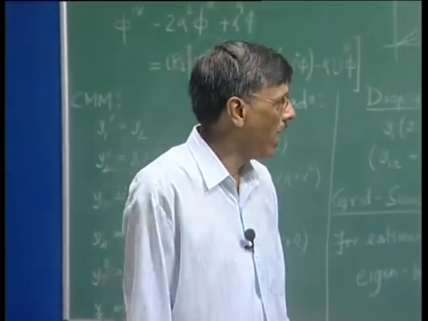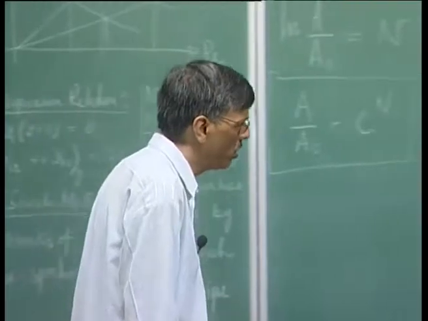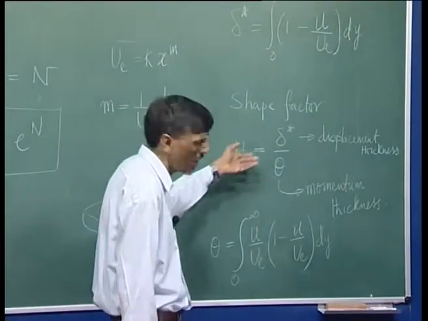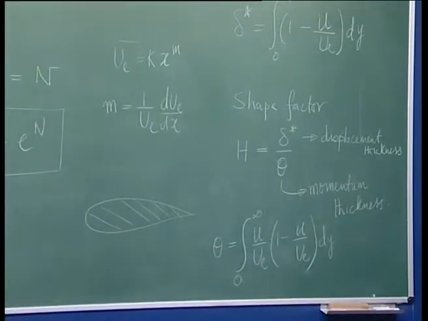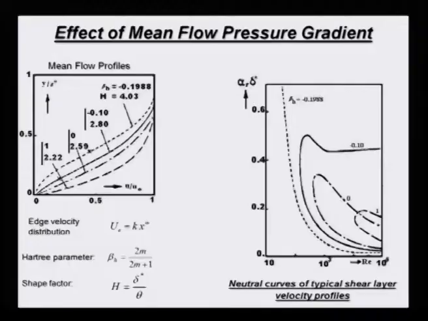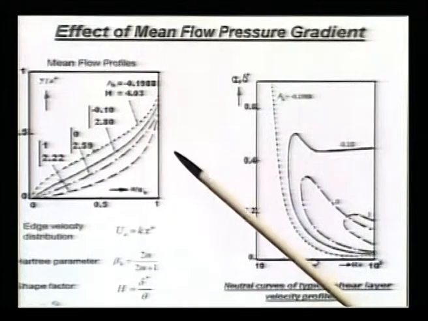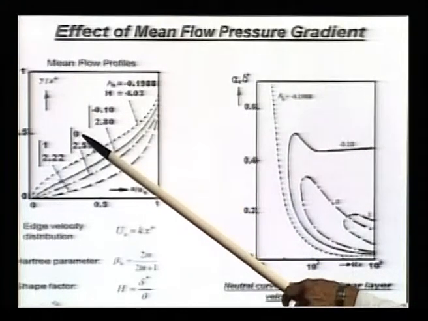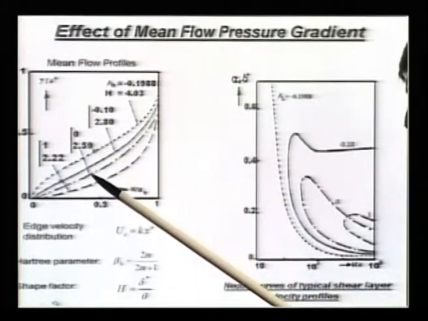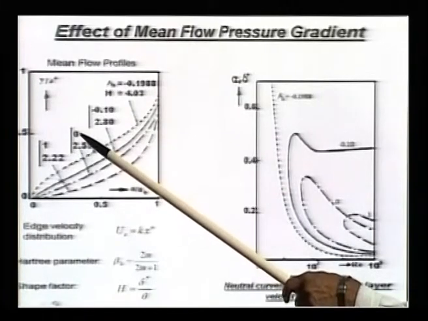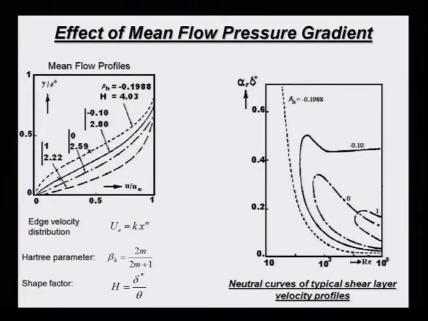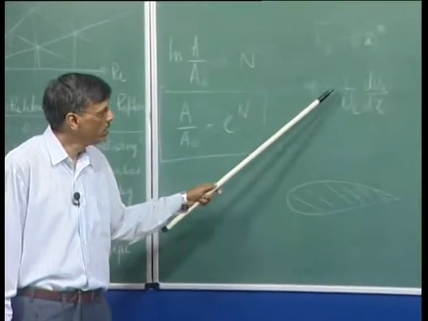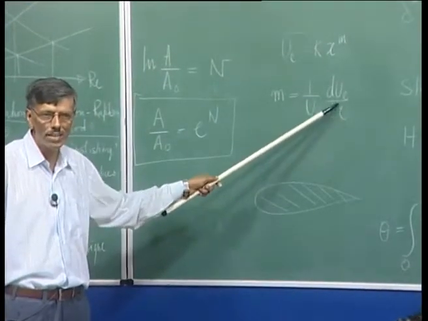And the shape factor tells you about the quotient of these two length scales, delta star by theta. And what we have done here is that the mystery of those two parameters will now come. The first curve that we identified as the Blasius profile, the top one, represents m equal to 0. If I have a zero pressure gradient flow, then d u e dx is 0.